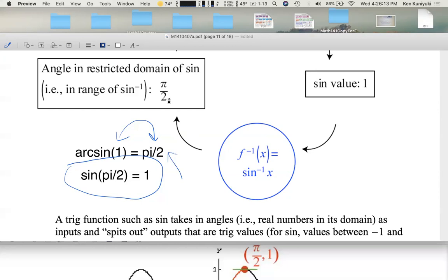Inverse sine is allowed to spit out pi over 2. So there are 2 reasons why the inverse sine, or arcsine of 1 is pi over 2. Because sine of pi over 2 is 1, this switching works. One here, 1 there, pi over 2 here, pi over 2 up there. And because pi over 2 is in the range of the inverse sine function.